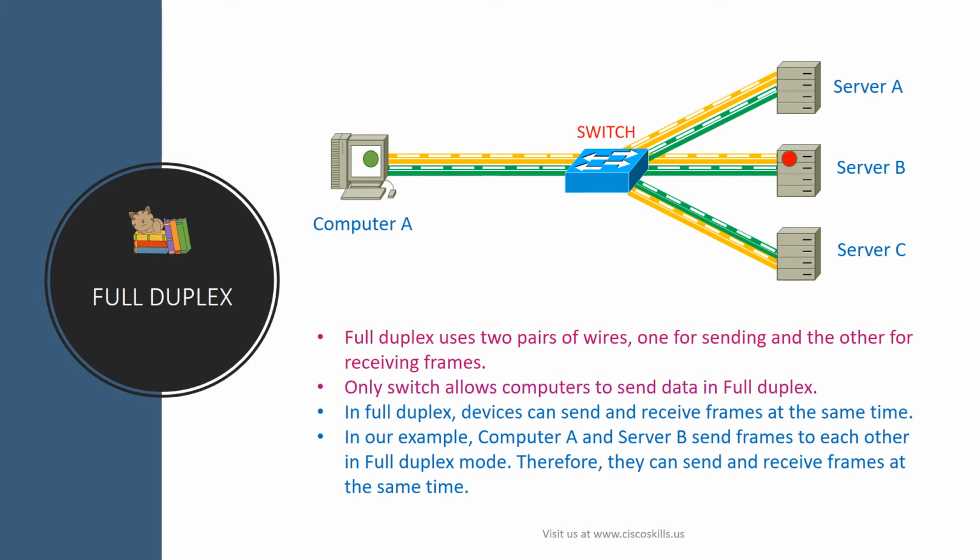Only a switch allows computers to send data in full duplex. In full duplex, devices can send and receive frames at the same time. In our example, computer A and server B send frames to each other in full duplex mode. Therefore, they can send and receive frames at the same time.